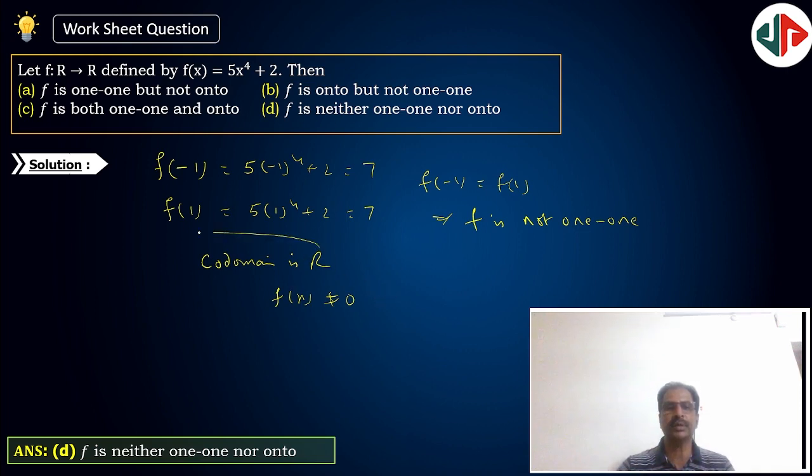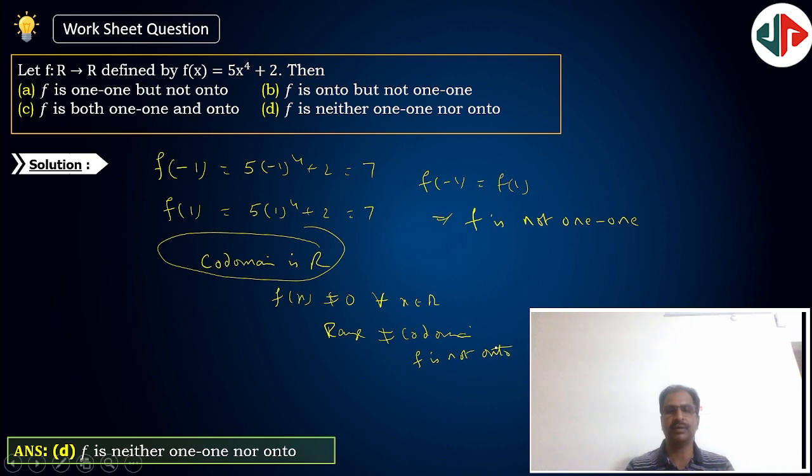But codomain means all real values. So f of x cannot be 0 for any real value of x, which means range of f of x doesn't contain 0, but codomain contains 0. So range is not equal to codomain. Implies f is not onto. So it is neither 1-1 nor onto.